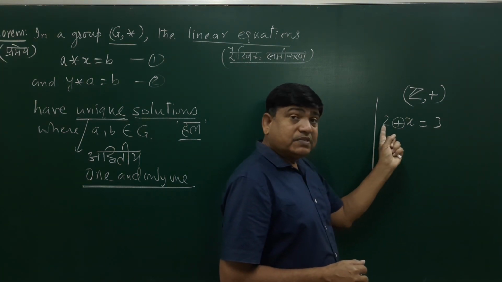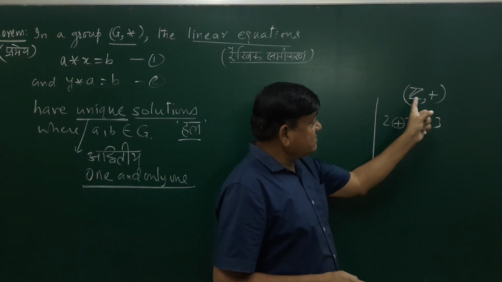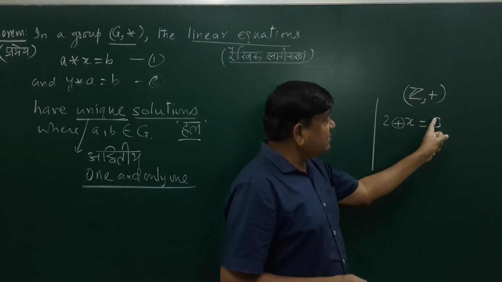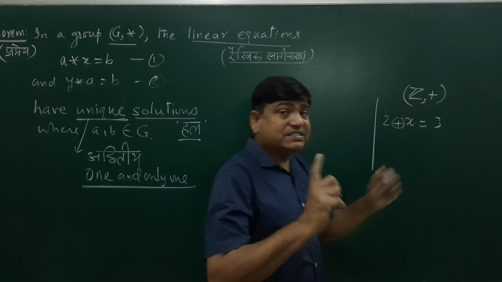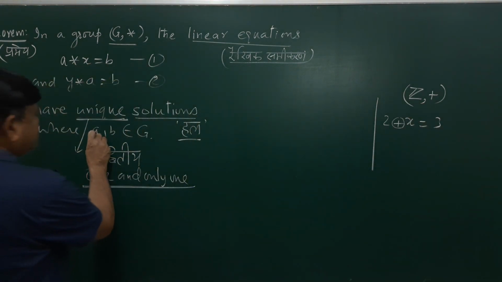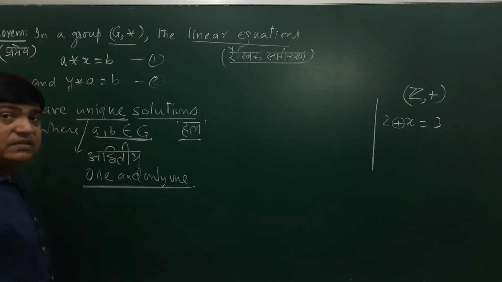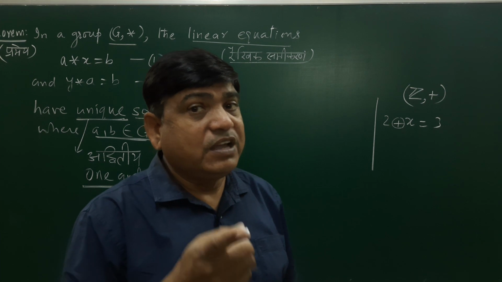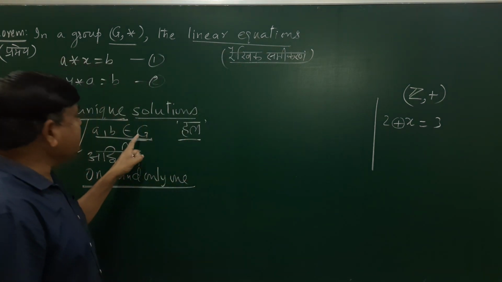2 is an integer, 3 is an integer. 2 and 3 both are the members of Z, just like A and B are the members of Z here, you can see. Then whatever the answer is obtained, जो भी आपको आंसर मिलता है वो वापस किस में जाना चाहिए? G में जाना चाहिए.